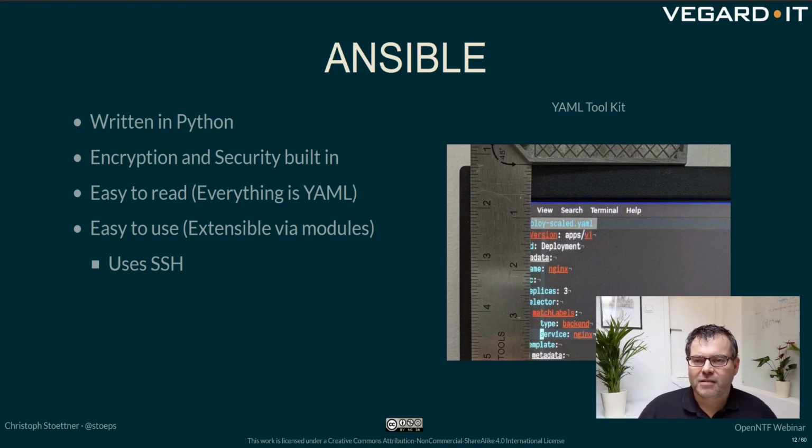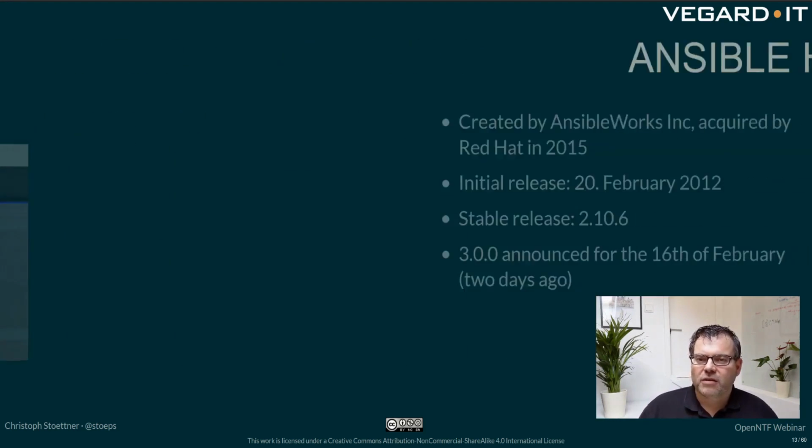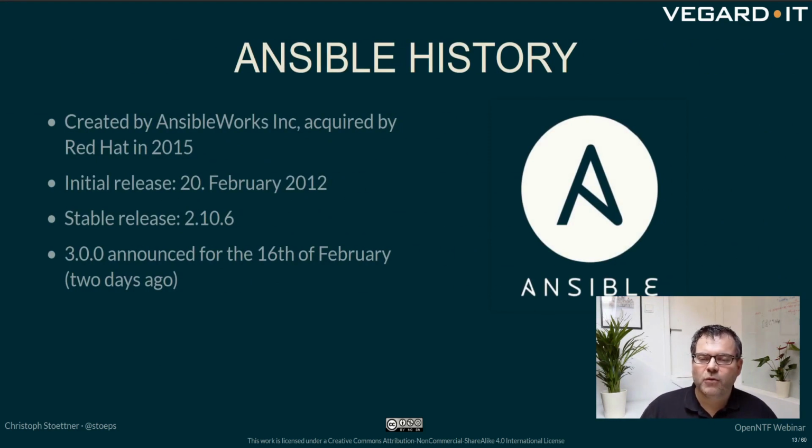So Ansible, how old is it? Who created it? Ansible was created by Ansible Works in 2012, I think. Yeah, the initial release was 2012, and the company was renamed to Ansible Incorporation and was bought by Red Hat in 2015.